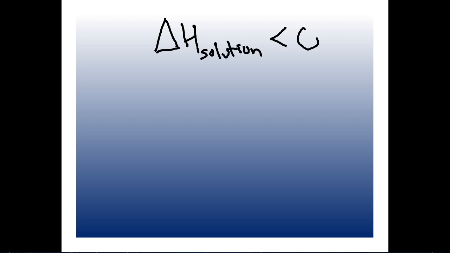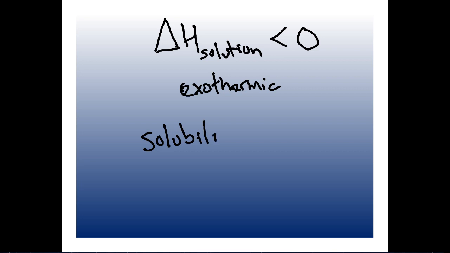So one other key idea about the solubility of gases has to do with the change in the enthalpy upon making a solution. So for gases going into a solvent, delta H solution is less than 0. That is, this process is exothermic, and typically we think of forming a solution as being endothermic. This has an important consequence for gases, which is that their solubility, that is the amount of gas that we can get into a solution, the solubility will go down as the temperature is increased.